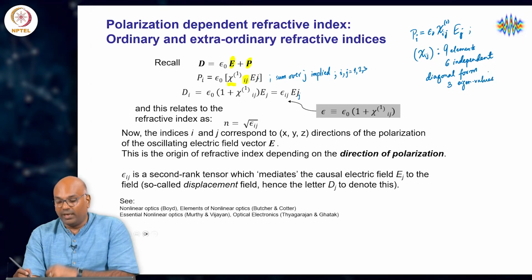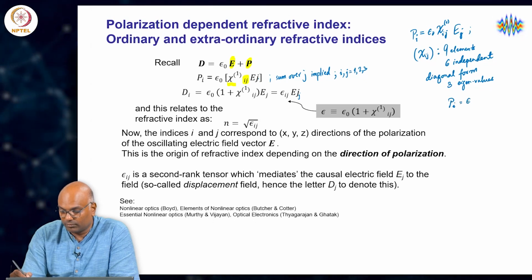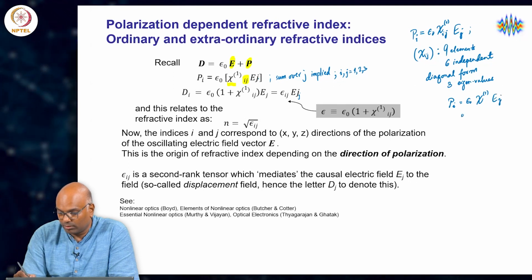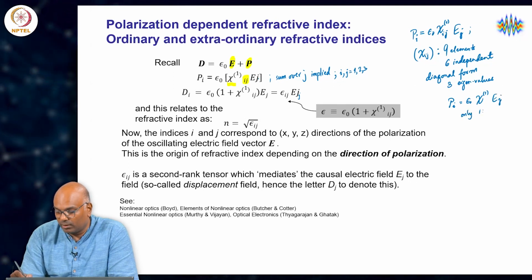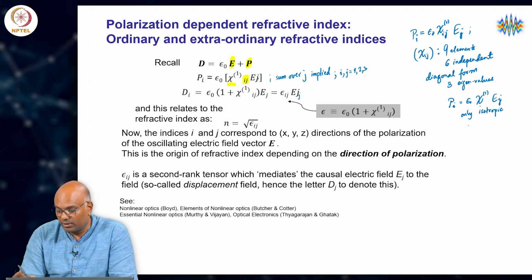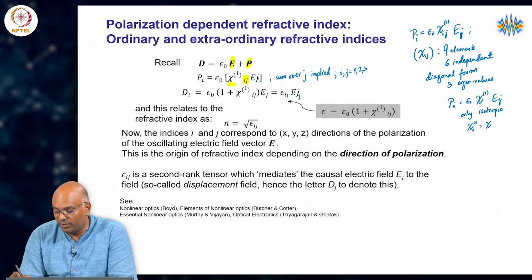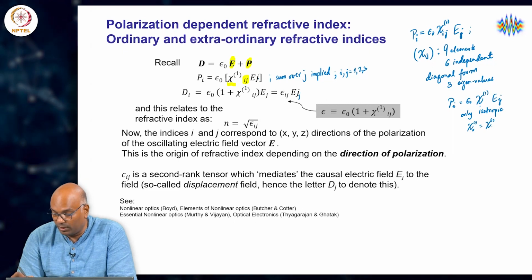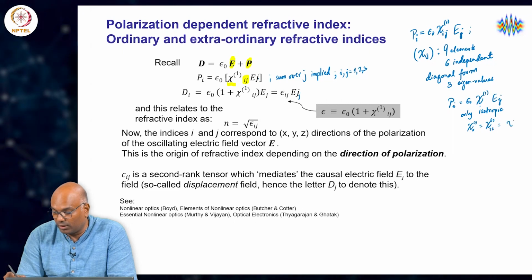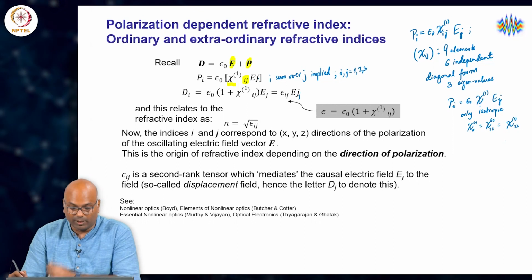We are allowed to write the scalar expression only in the case that the medium is isotropic, in which case, in its diagonal form, chi 11, chi 22 and chi 33 would all be equal. This is the condition for isotropy.